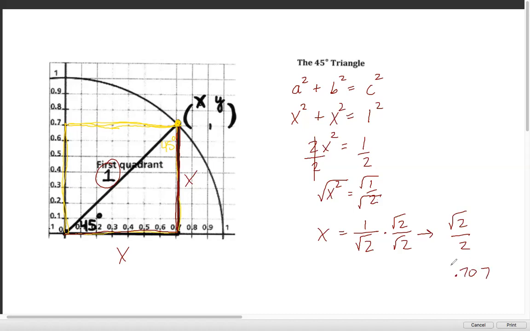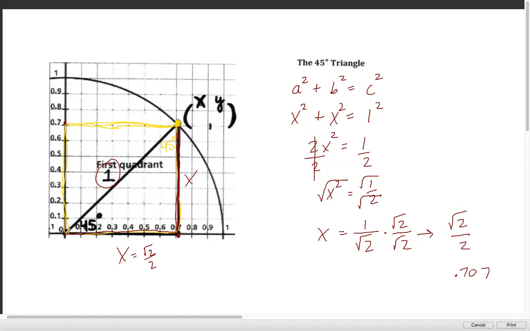So you can see here, this distance of root 2 over 2 is just a hair past 0.7 right here. And its height on the y-axis is also just a hair past 0.7. That's where this is coming from.